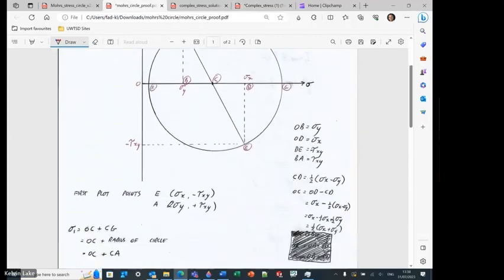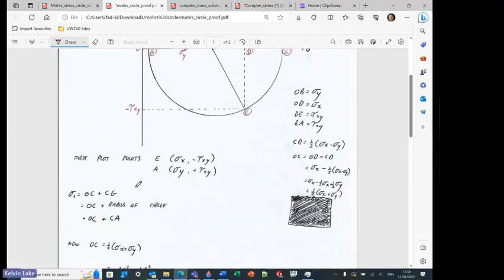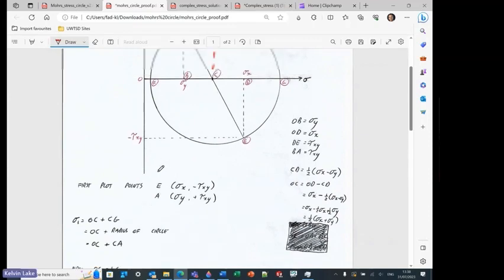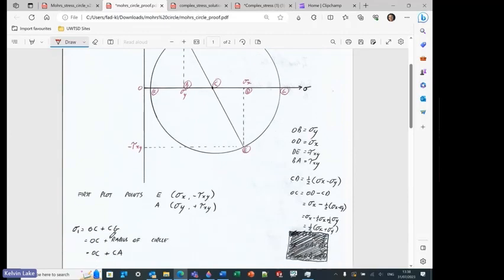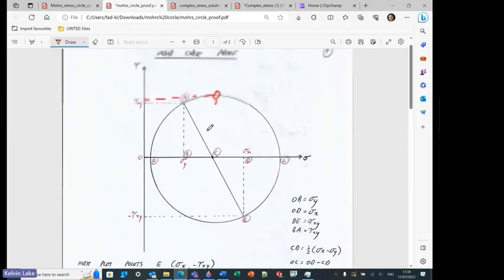Okay, so sigma 1 equals OC, so the origin to the center of the circle, plus CG, plus the radius of the circle. So that's OC plus the radius of the circle, which is the same as OC plus CA.